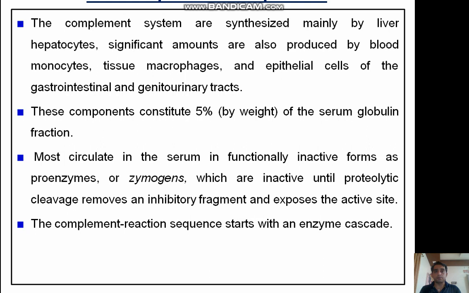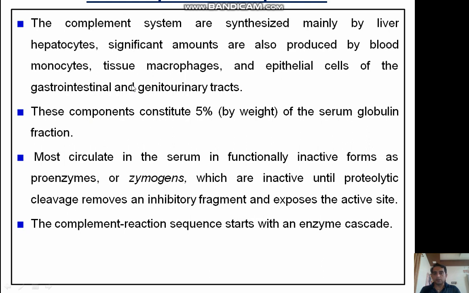This is the major producing cell. Other cells also have the ability to produce complements, for example blood monocytes, tissue macrophages, epithelial cells, as well as cells of the gastrointestinal and genitourinary tract.